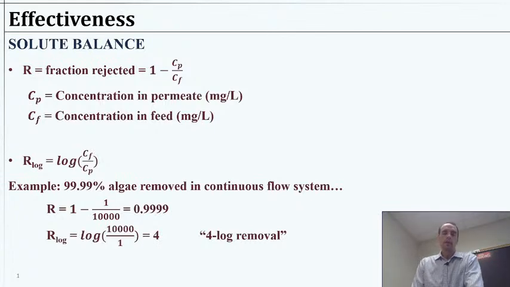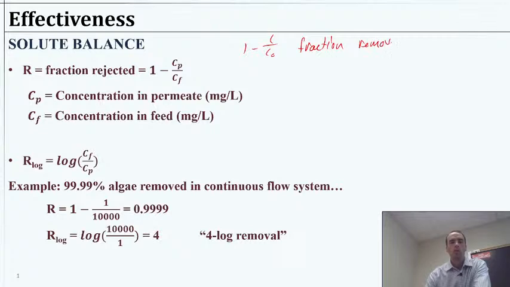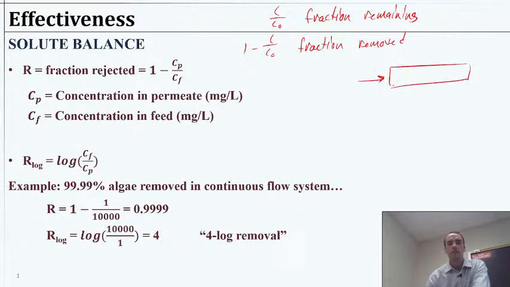So the fraction rejected is very much like what we've seen in terms of the fraction removed, right? It's 1 minus C over C naught, whereas just C over C naught would be the fraction remaining. So if we have a membrane and we're removing some portion of our contamination, we can look at it in a very similar manner, where instead of some initial and final, we're looking at feed and permeate.